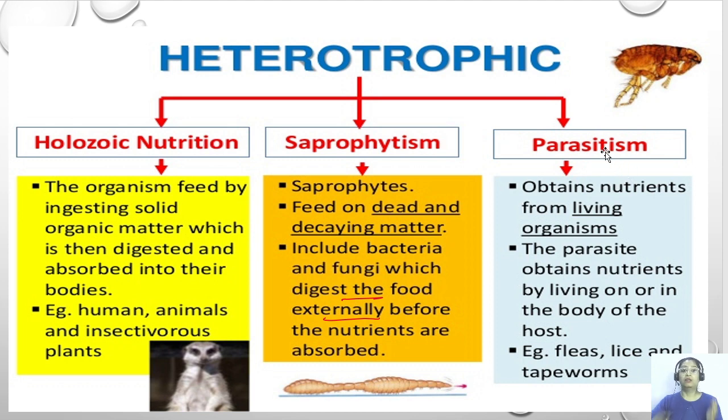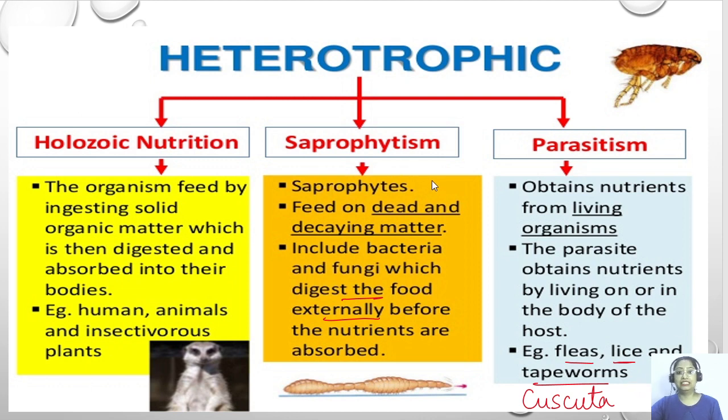Meaning one organism absorbs nutrition from another living organism, and sometimes they can harm that living organism also. Okay, these are the parasitic mode of nutrition, and these organisms are called parasites. Examples are fleas, lice, like the lice in hair, tapeworm and cuscuta plant. Okay, these are the parasites.